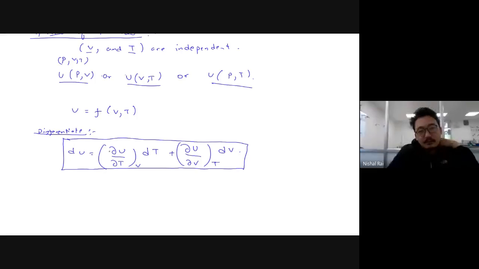This is a partial differential with respect to T and with respect to V, at constant volume and temperature respectively.